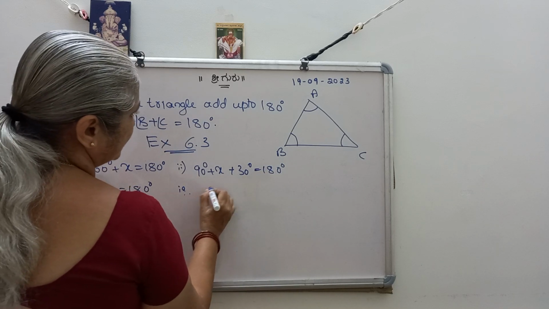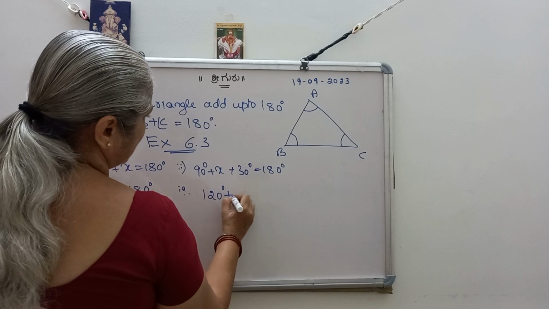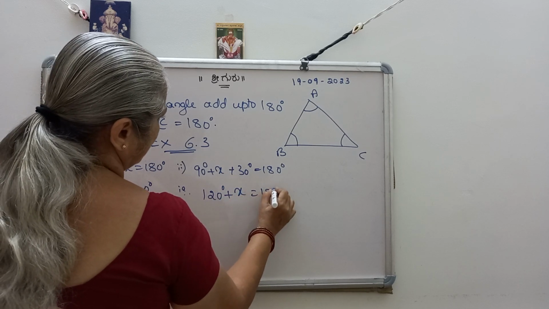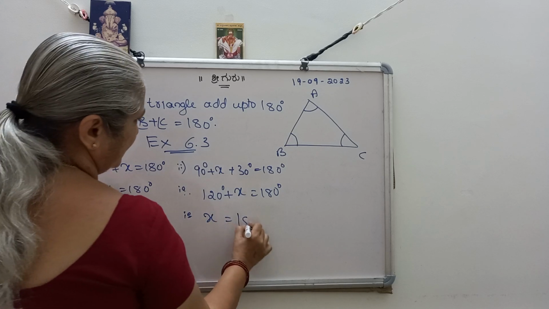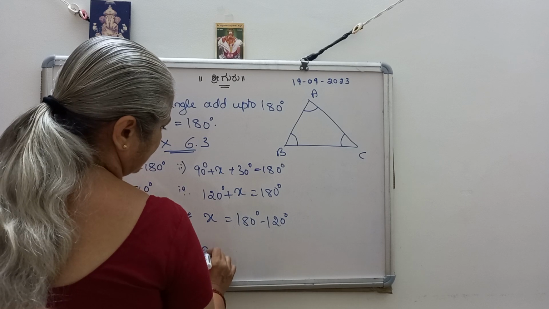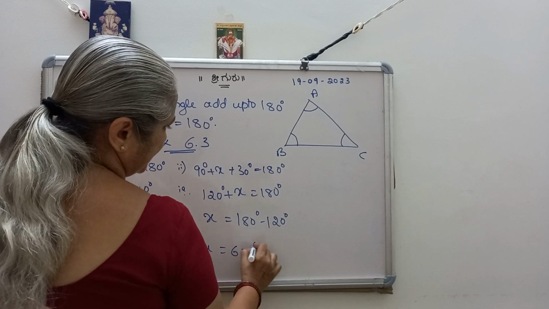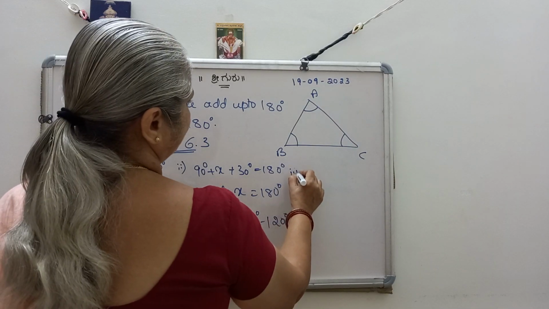That is 90 plus 30 is 120 plus x is equal to 180 degrees. That is x is equal to 180 degrees minus 120 degrees. X is equal to 60 degrees. This is the answer.